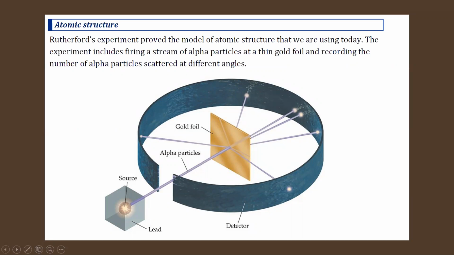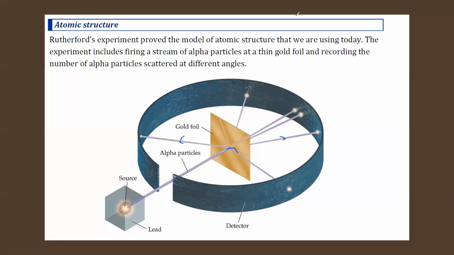What he observed was that most of the alpha particles are able to pass through. A few of them deflected, changing or deviating from the path, and a few of them bounced back or reflected back.